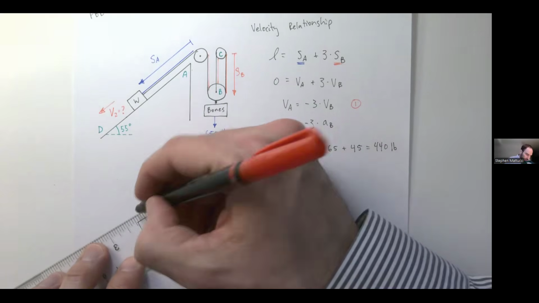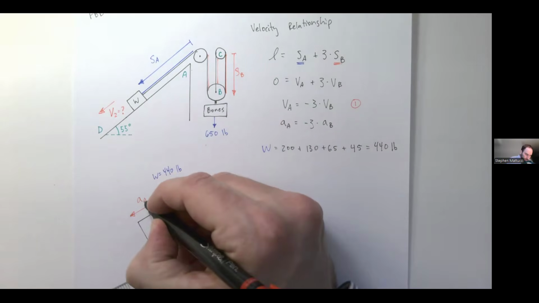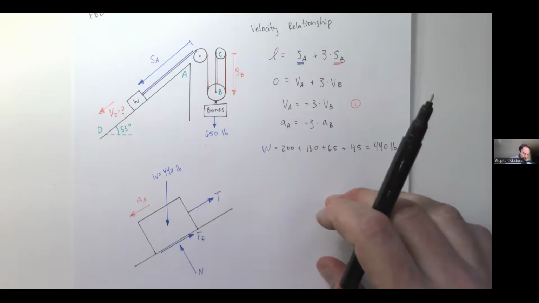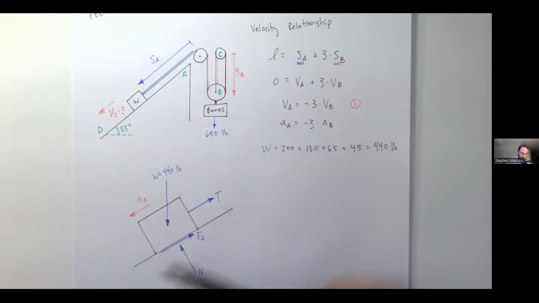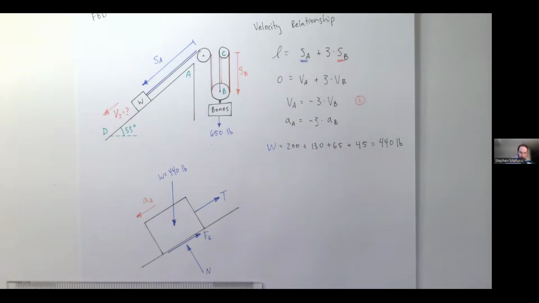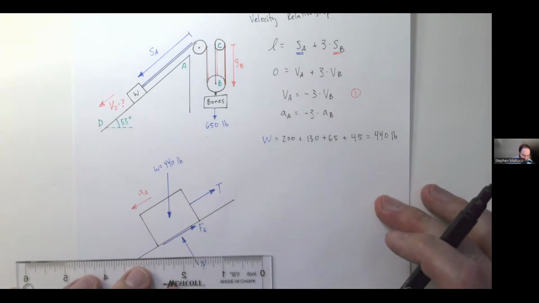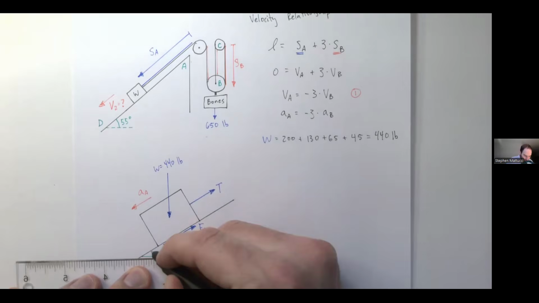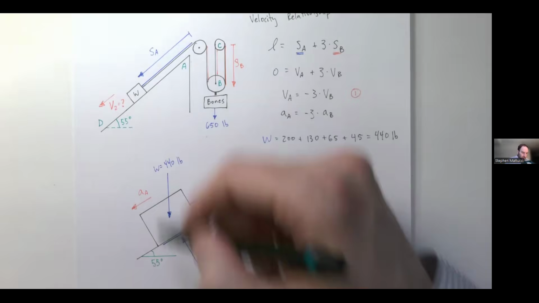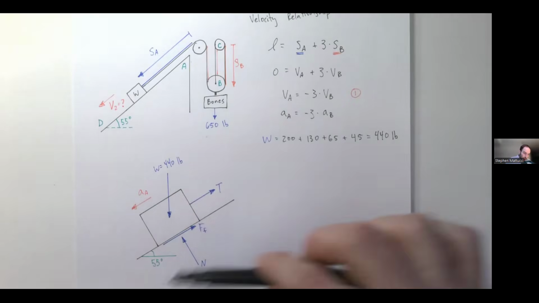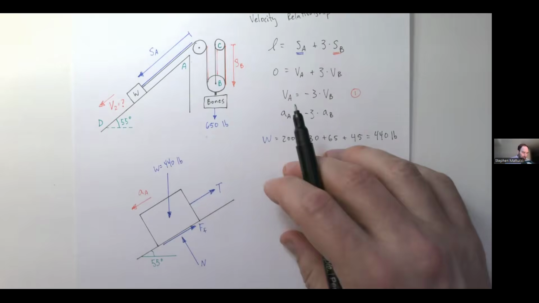As it goes down, it's going to have some acceleration because it slides down, call it acceleration A. And when I look at this, I can add this angle, 55 degrees. The only component here that's acting not along the plane of the roof is this weight force here.